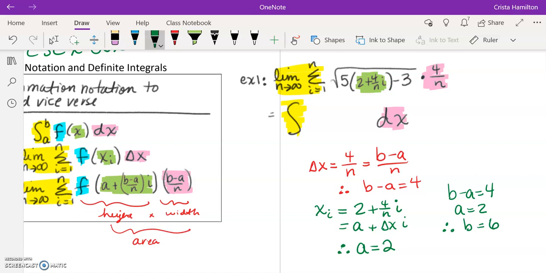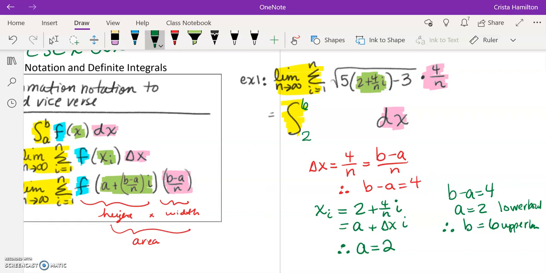So we utilize delta x and the right endpoint formula to match up and get our a and b. So here is my lower bound, and here is my upper bound. So I'm going to fill those in. So a is 2 and b is 6.